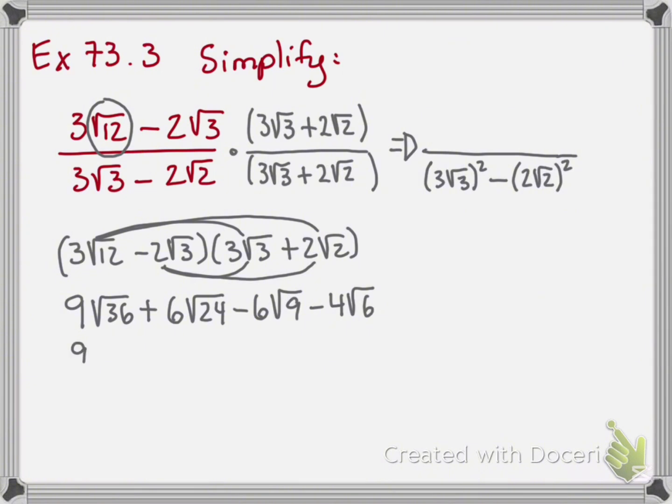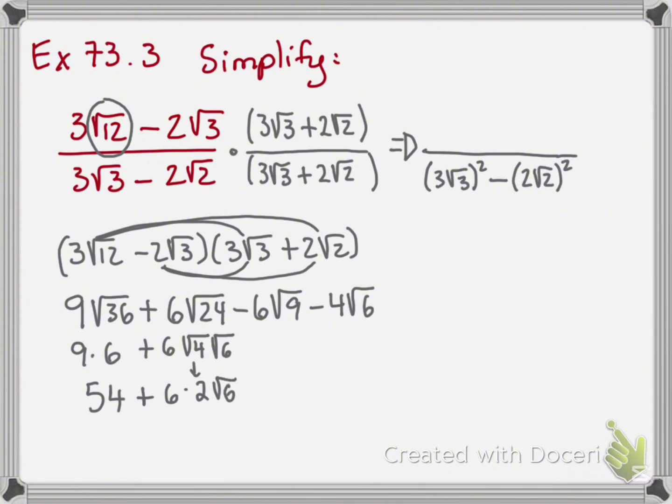And here we have 9 times 6 because the square root of 36 is 6. And then 9 times 6 is 54. Then the square root of 24, we can simplify as the square root of 4 times the square root of 6. Remember, you have to look for one that is a perfect square. And then if we simplify these, that's going to be 6 times 2 square root of 6 because the square root of 4 is 2.